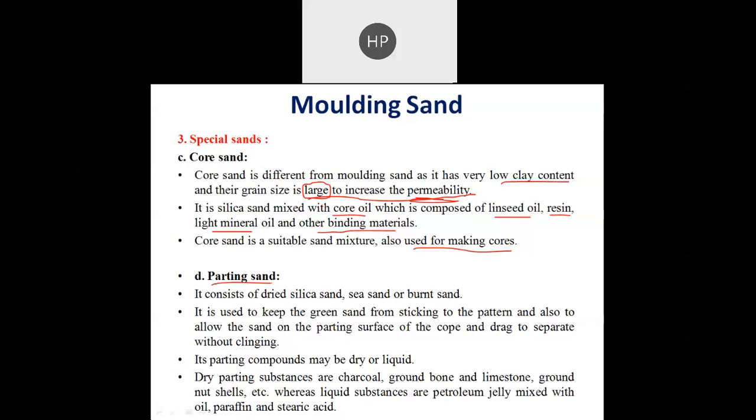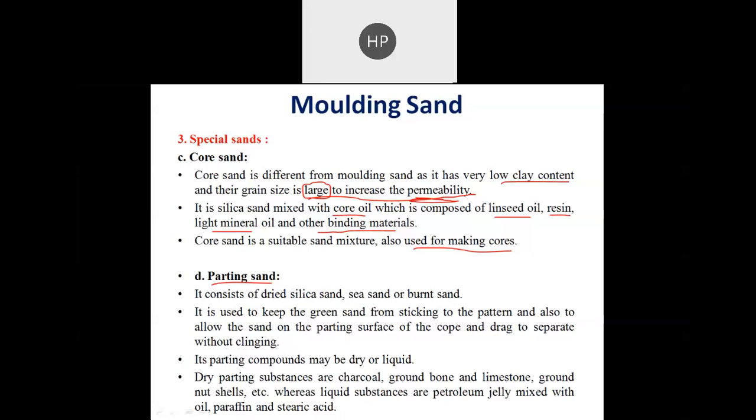That powder is a very fine form of sand, and that sand will not allow the two parts of the mold to stick with each other. That's why it is termed parting sand. It parts, or separates, the two mold boxes. That's why it is known as parting sand.